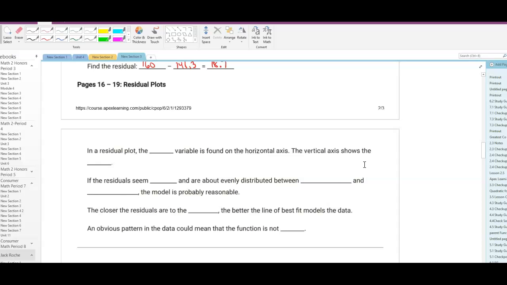Now, in a residual plot, the explanatory, or also known as the independent variable, is found on the horizontal axis. The vertical axis shows the residuals.